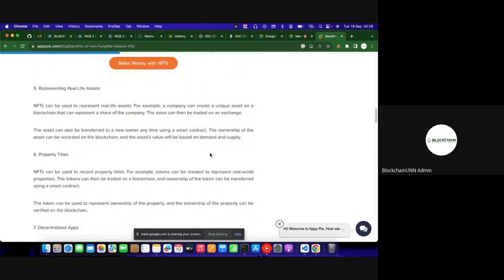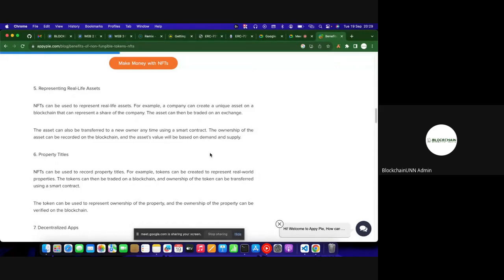We also have representing real life assets. Like I said earlier, you can have houses, a whole lot of other properties, cars, and so on and so forth. You can actually represent these assets on the blockchain in the form of NFTs, right? For example, you can put your house on the blockchain, and anybody who wants to buy the house, you don't need to hire a lawyer and go through all the paperwork, and of course the lawyer most times will collect like 10% of the initial price of the house.